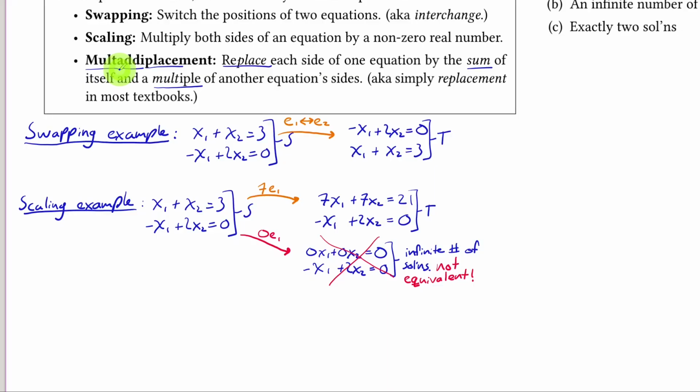And in most linear algebra textbooks, this is called simply replacement, but I don't like that terminology because it doesn't really tell you what it does. People get that mixed up with swapping or interchange. So what you're really doing is you're taking a multiple of both sides of one equation, adding it to the other sides of a second equation to replace that second equation.